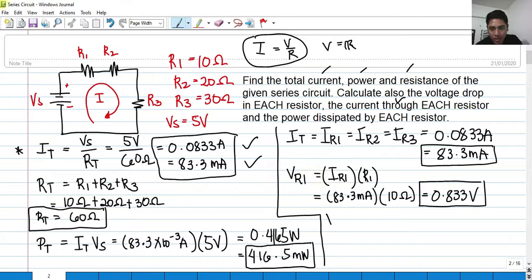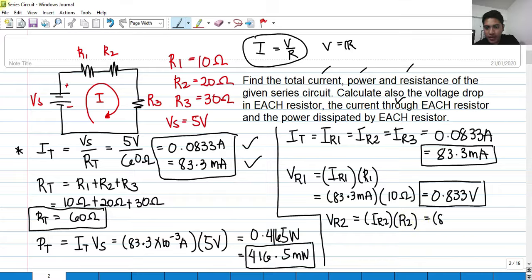How about the voltage drop across R sub 2? Remember that they don't have the same voltage drop, not unless they have equal resistances. And since they don't have equal resistances, they have different voltage drops. So for VR2, same formula: the current through resistor 2 multiplied by the resistance of R2.